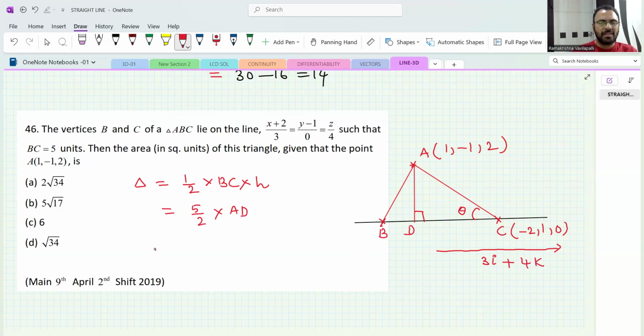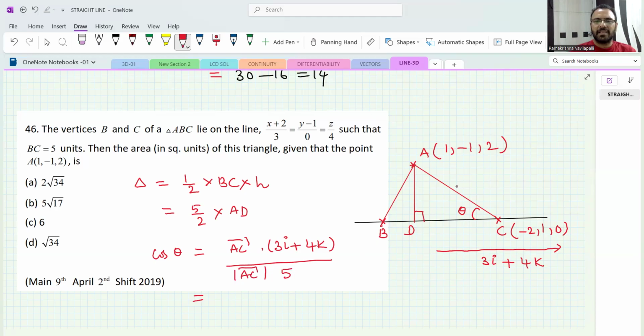So therefore cos theta is equal to AC bar vector dot 3i plus 4k, or you can just find the direction ratios of AC and direction ratios of the line, whole by modulus of AC bar vector into 5.